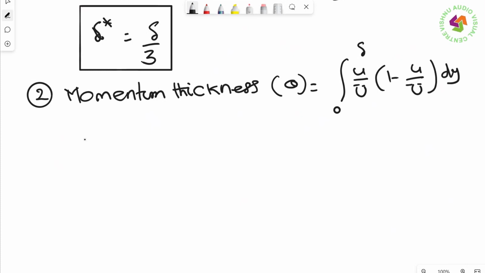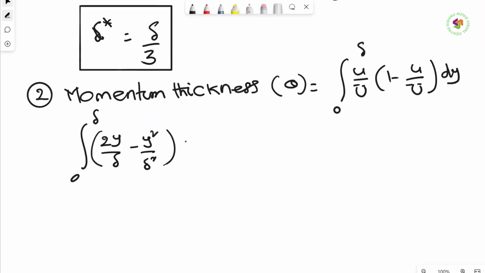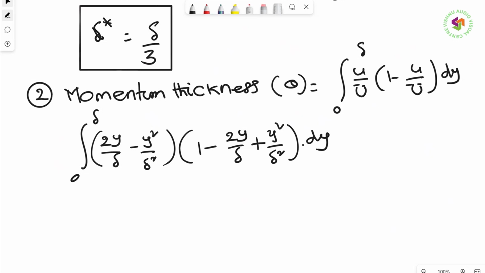So if I write it again for this, the integral from 0 to delta, what is u by U? 2y by delta minus y square by delta square, into 1 minus 2y by delta plus y square by delta square into dy. This is the thing.